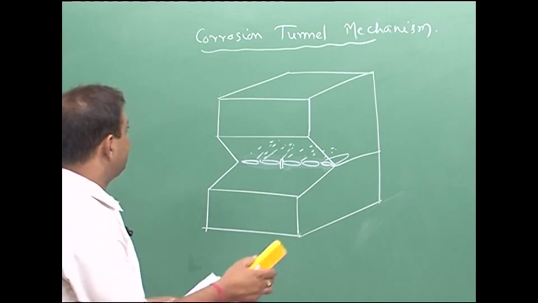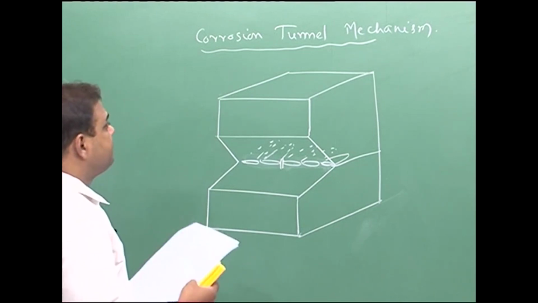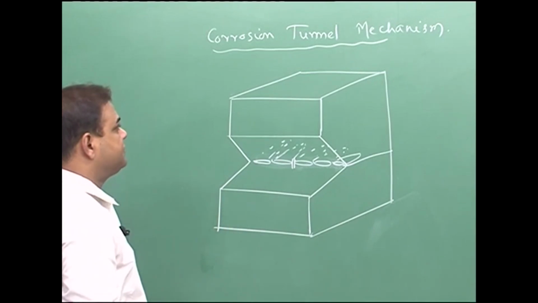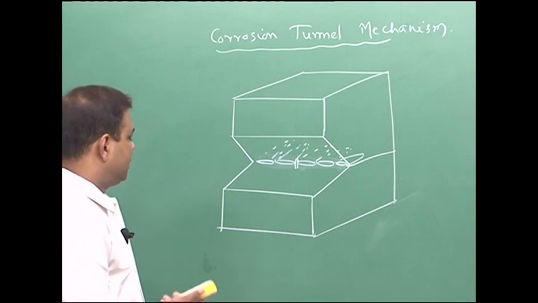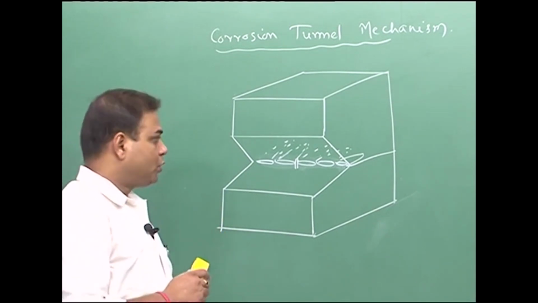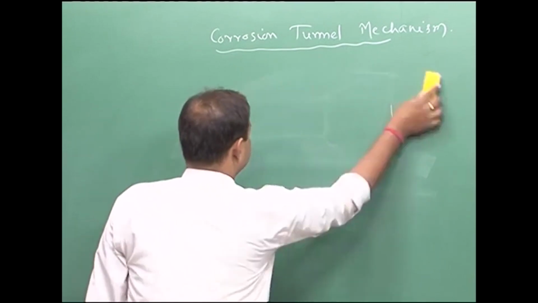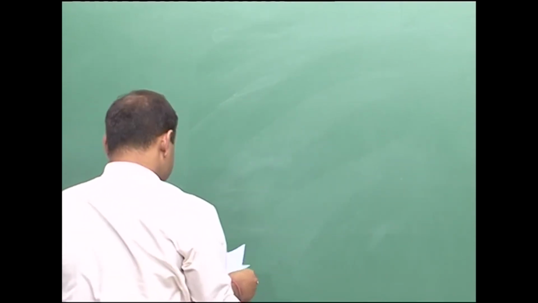Now, there are three main mechanisms by which you can have SCC cracking where the dissolution would control the initiation as well as the growth. Now, we have another broad mechanism, that is called the cleavage control mechanism.